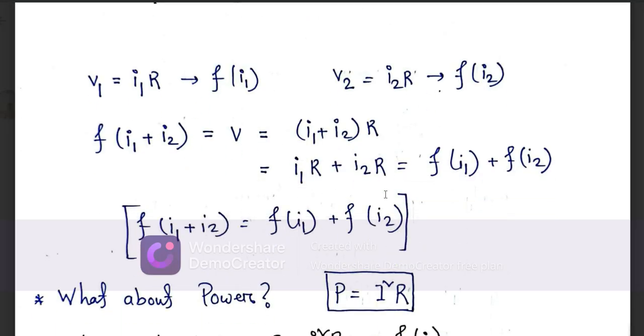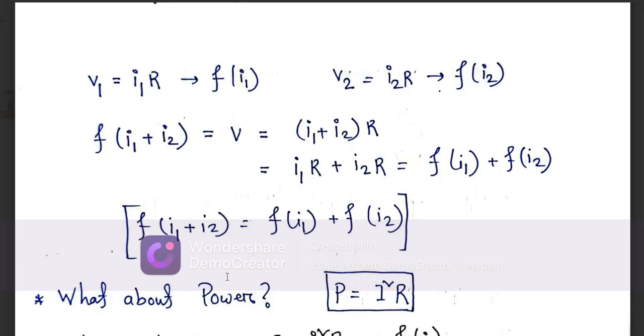Now, if we sum up the inputs, I1 and I2, and give it as a single input, f of I1 plus I2, then we will get I1 plus I2 into R, and if we break it down, we get I1 into R plus I2 into R. So we are getting the sum of the individual outputs as the whole output, right? This is how the voltage-current relationship follows linearity.